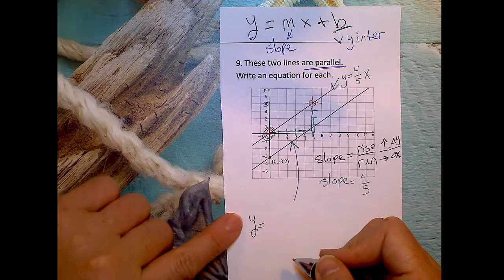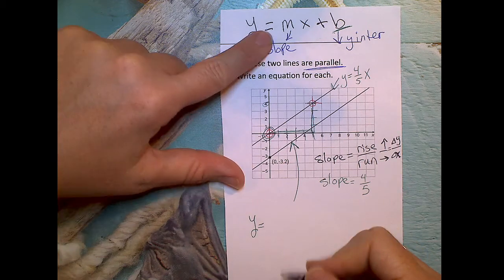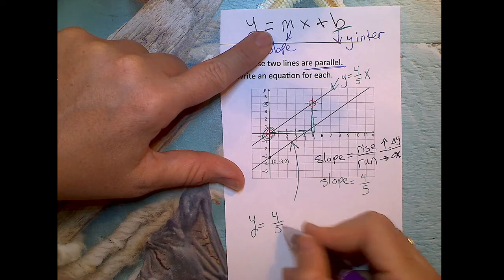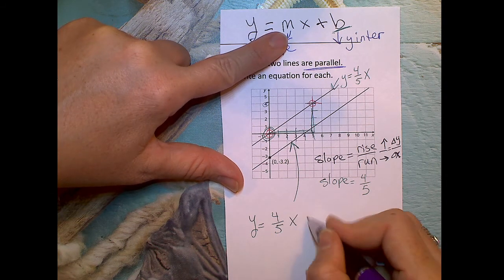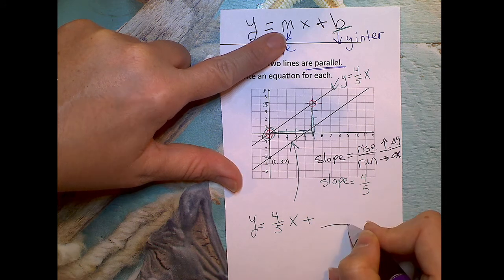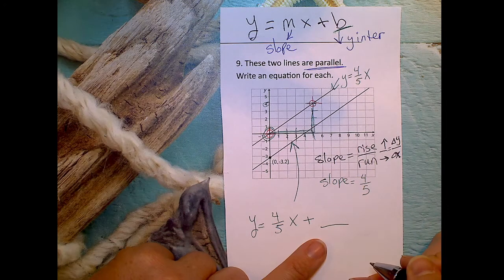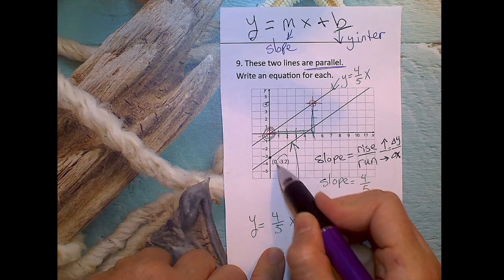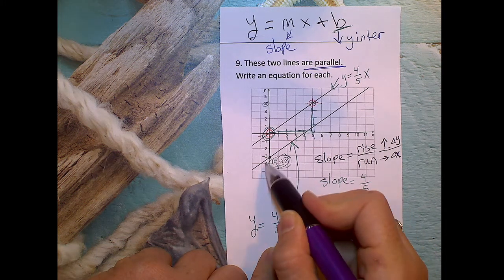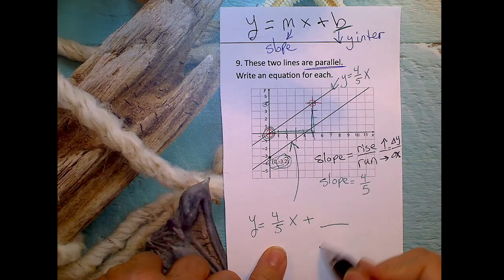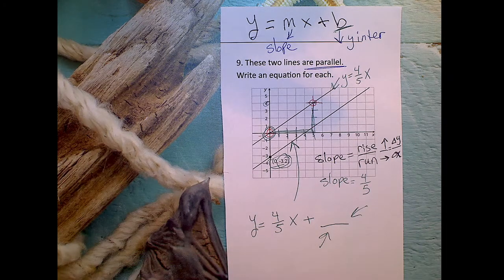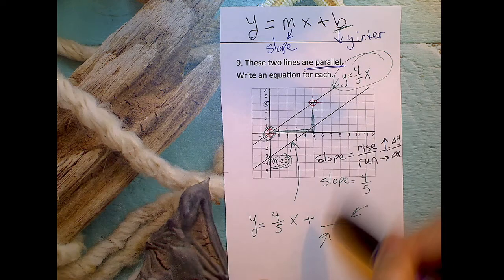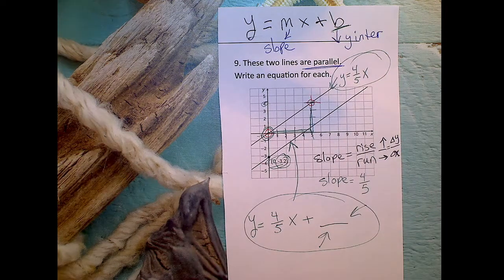Y equals, m is the slope, that's 4 over 5, times x, plus b, and b is the y-intercept. They show you the y-intercept right here. They give you the coordinates of this point. So put that in for your y-intercept, and then you have both equations needed in your homework. Good luck!